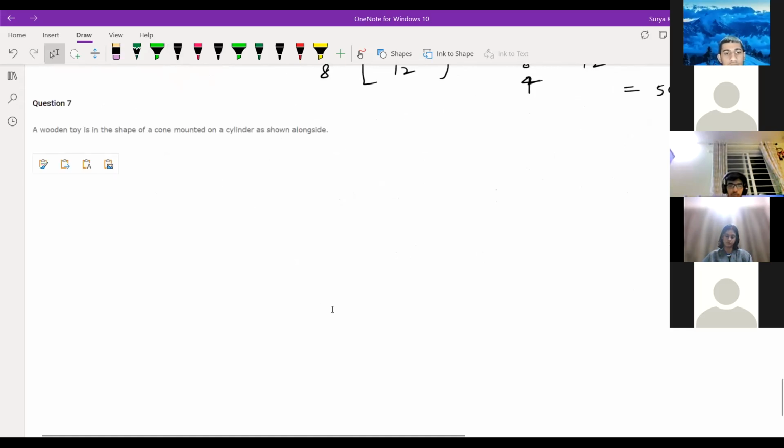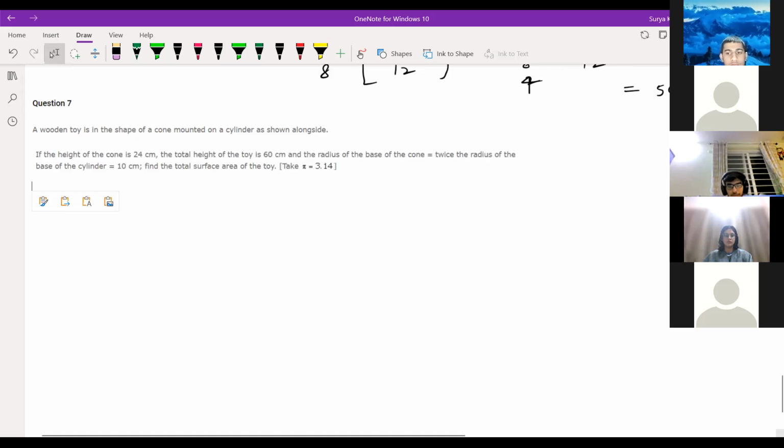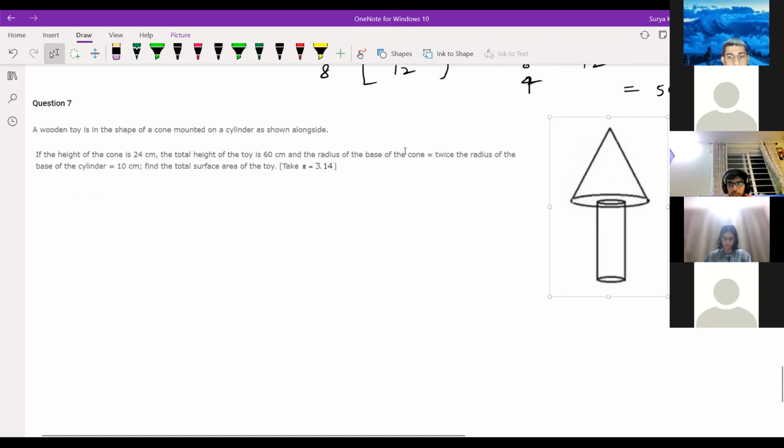A wooden toy is in the form of shape of cone mounted on a cylinder. This is the question here.